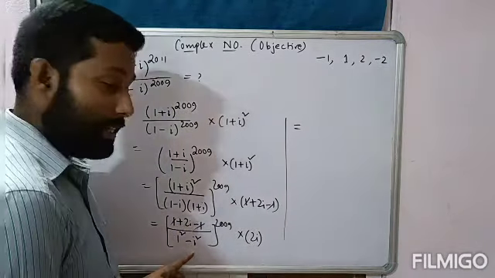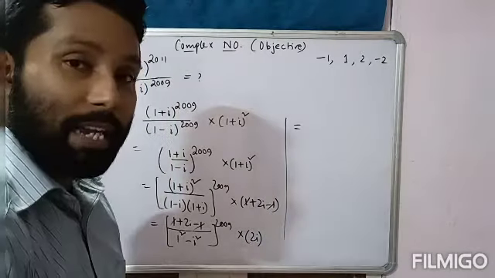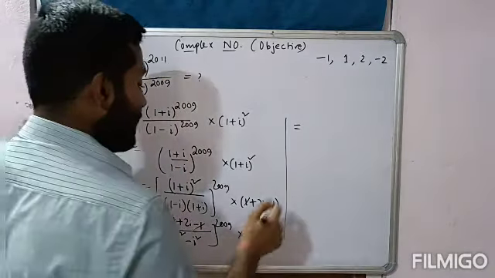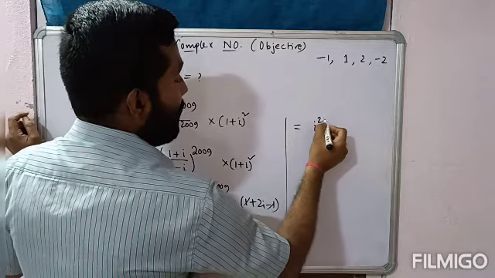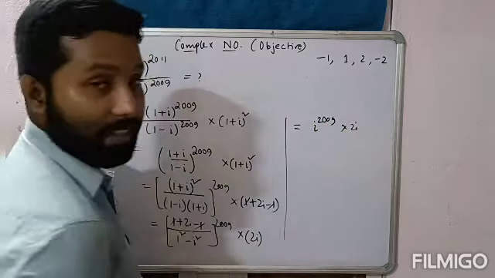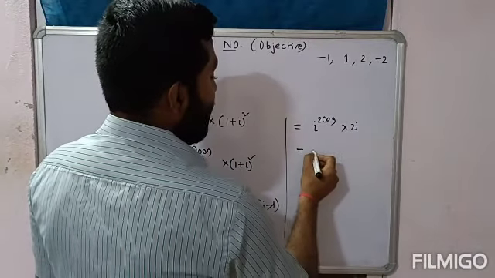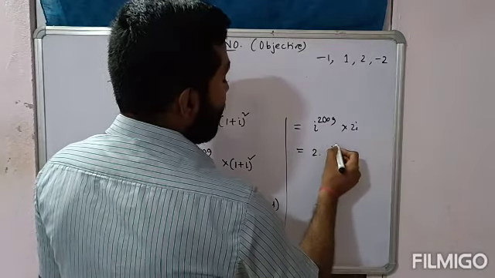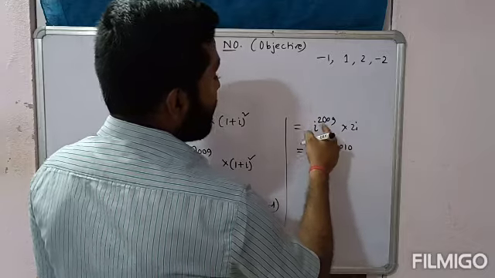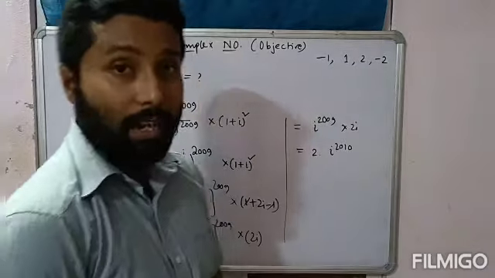What about the denominator now? The value of i square we all know is -1, minus it will become plus. So 2i by 2, that is equal to i only. So i to the power 2009 into 2i, that is 2 into i to the power 2010, because i to the power 2009 into i to the power 1 is i to the power 2010.